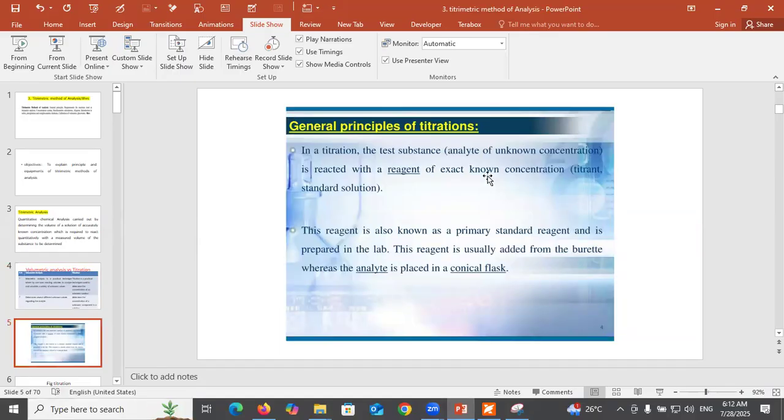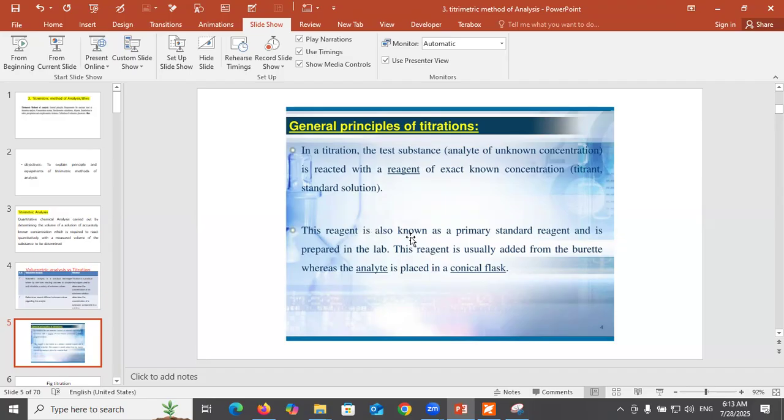General principle of titration. In a titration, the test substance (analyte) of unknown concentration is reacted with a reagent of exact known concentration (titrant, standard solution).